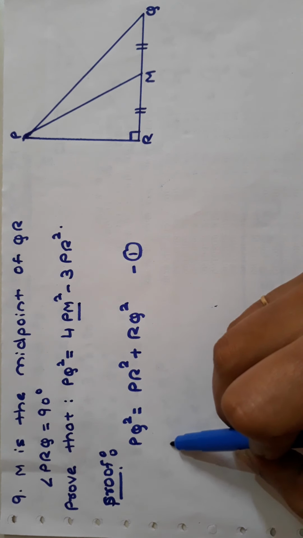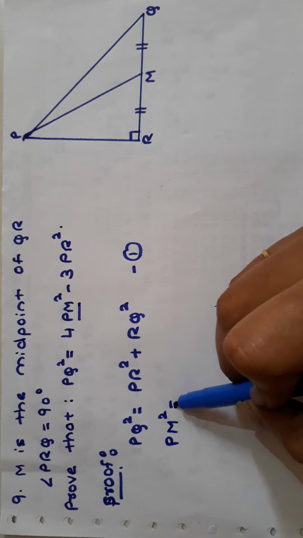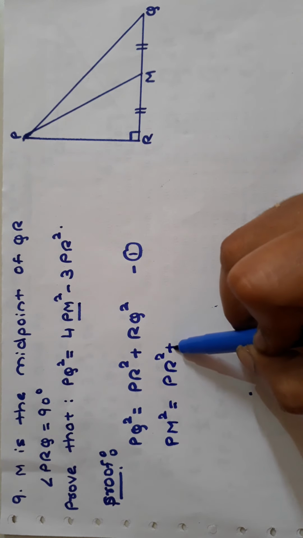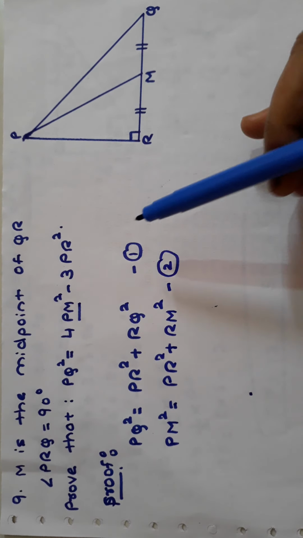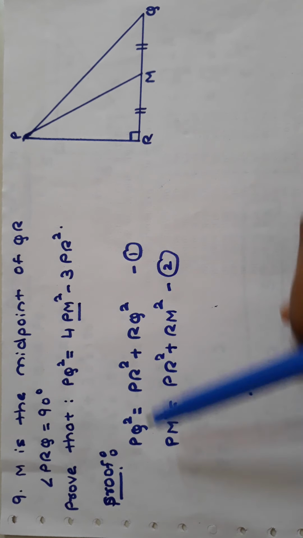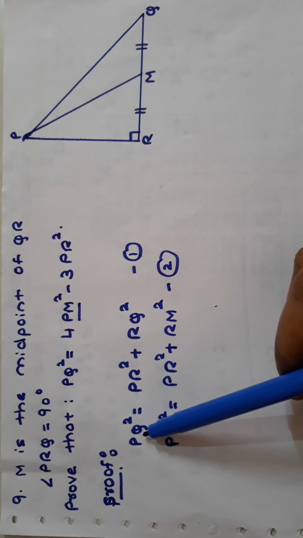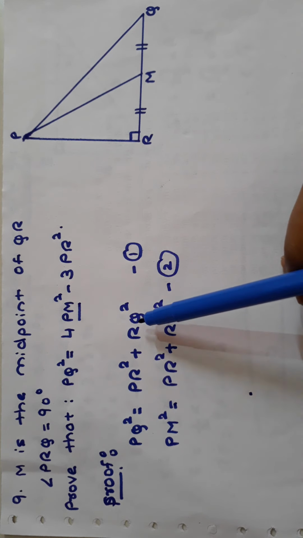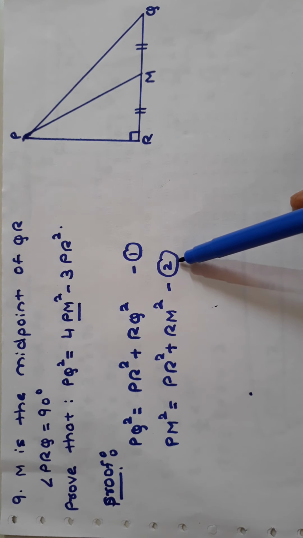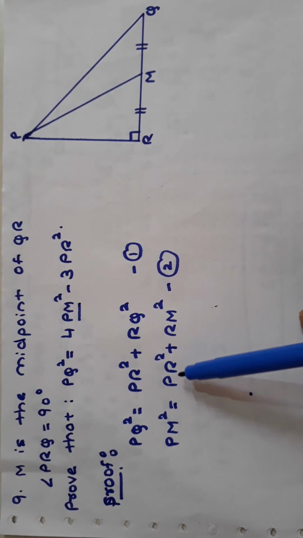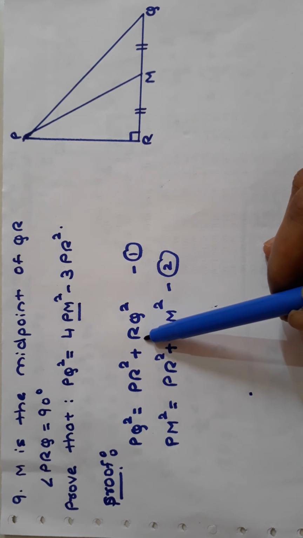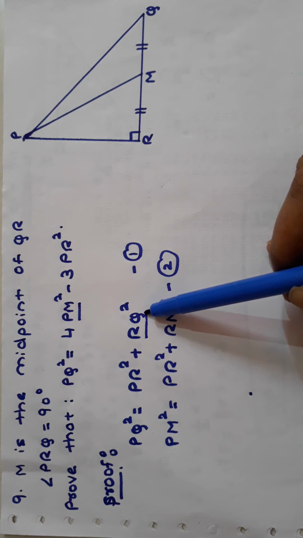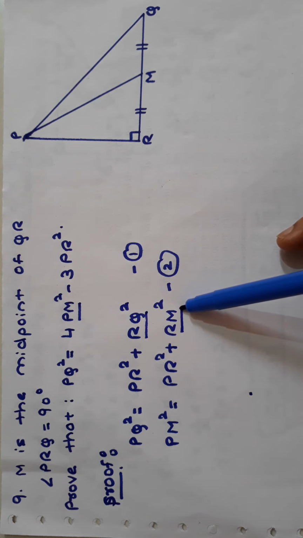So by Pythagoras theorem, PM square is equal to PR square plus RM square. Now if you observe equation 1, to prove the result we need PQ, we need PR, but we don't need RQ. Similarly, in equation 2, we need PM, PR, but there is no need of RM. So that means we have to eliminate RQ from equation 1 and RM from equation 2.